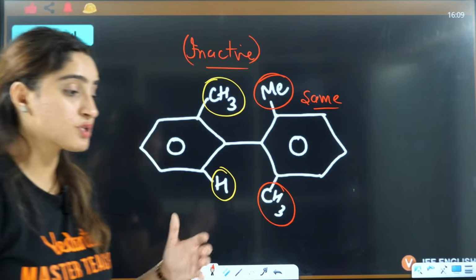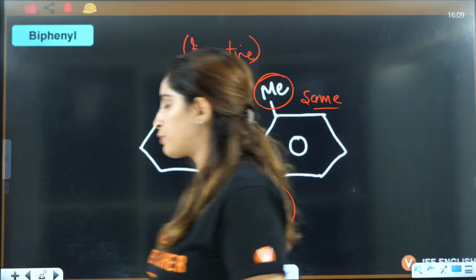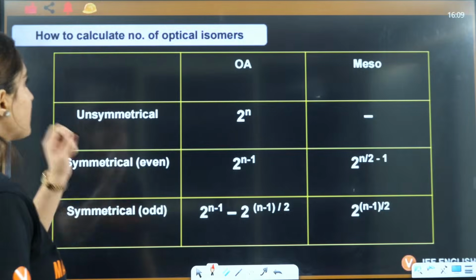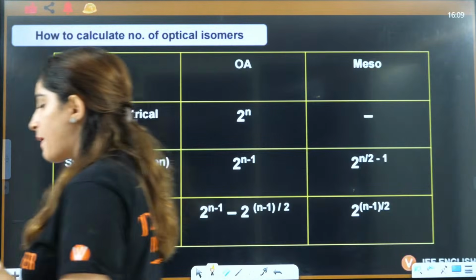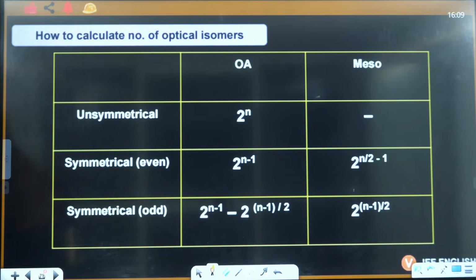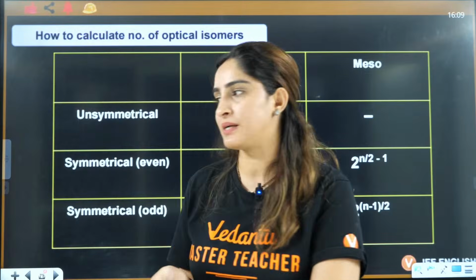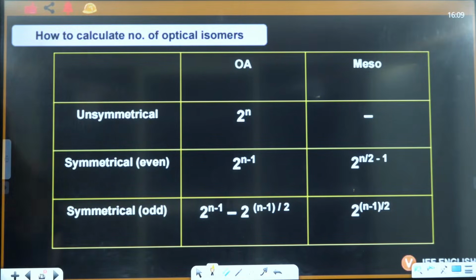So this was about spiro, allenes and biphenyls, and how you see the active and inactive compounds here. Now the last part of today's lecture is calculation of optical isomers, calculation of stereoisomers.